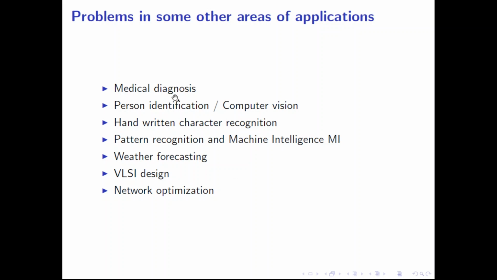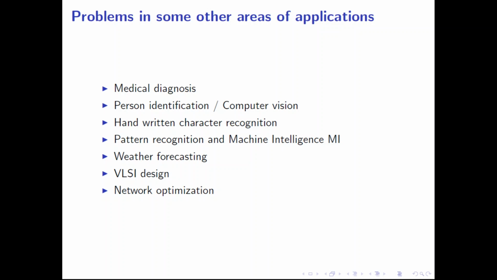For example, take medical diagnosis. When a doctor diagnoses a person for a particular disease, the doctor cannot say 100% that the symptom is because of this disease. It is something like a probability. In such cases, hard computing cannot work.